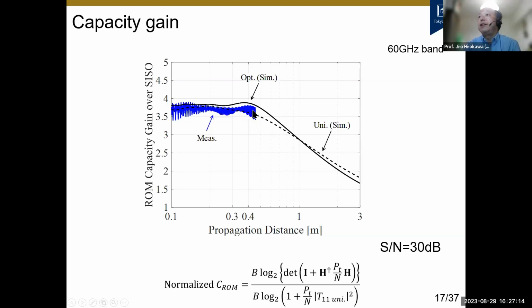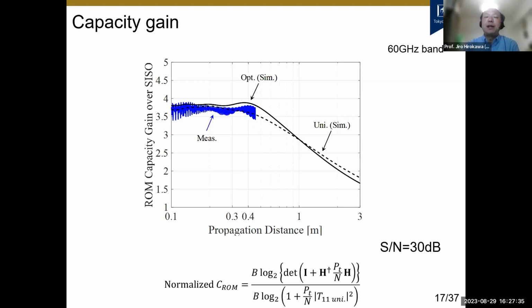And the blue line shows the measured results. The measured results have a slight ripple. This ripple is caused by the multiple reflection between the TX and RX antenna.